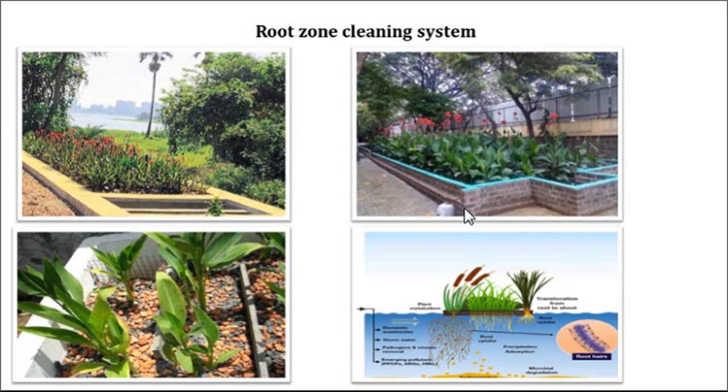Above the underdrainage the gravel bed is there. Above the gravel, coarse sand is there, and above that the soil depth, maybe 30 centimeters or depending upon the design, in which the plants are planted. Next slide.